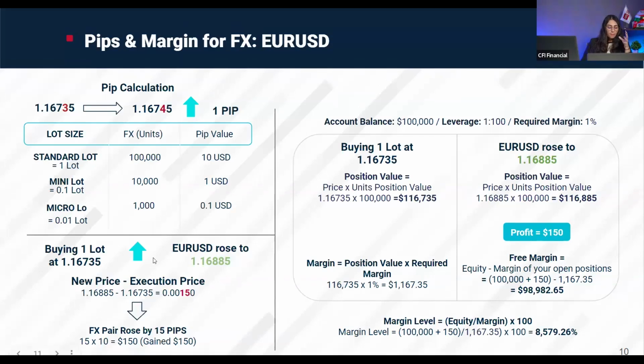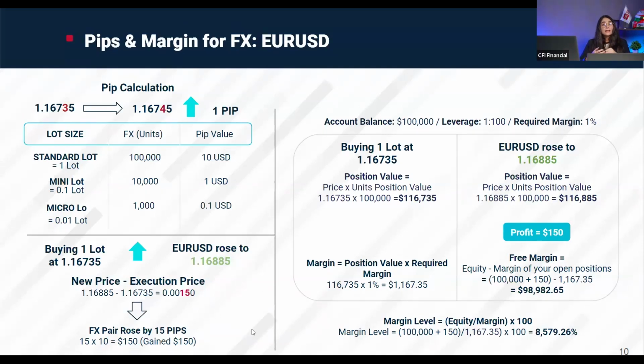Let's say I'm buying one lot at the price of 1.16735, and the price rose to 1.16885. How do I calculate how many pips the price rose? I take the new price that it reached and subtract from it the price at which I bought. So approximately the price went 15 pips.